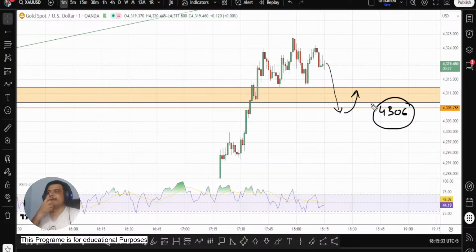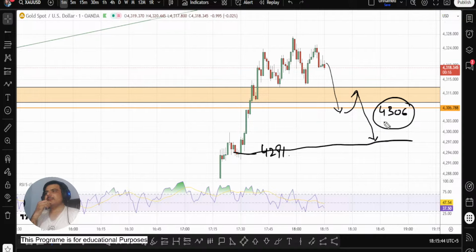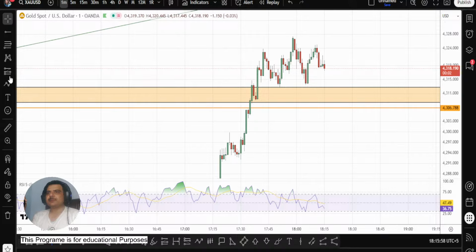Why? Because then the chances are it can come back down to this 4291. Then obviously here we can see another attack. Then we will be looking at whether this will be the decision point. So in the next 15 minutes we will know what is going to happen further.